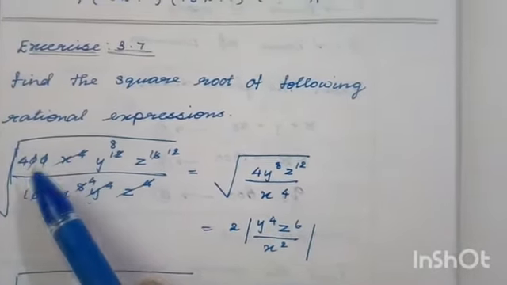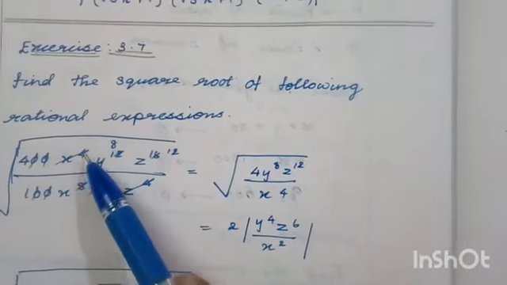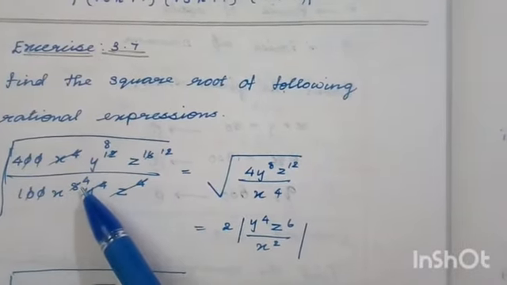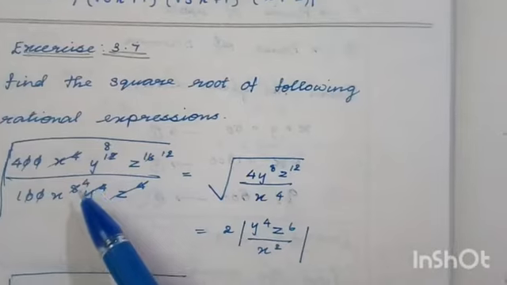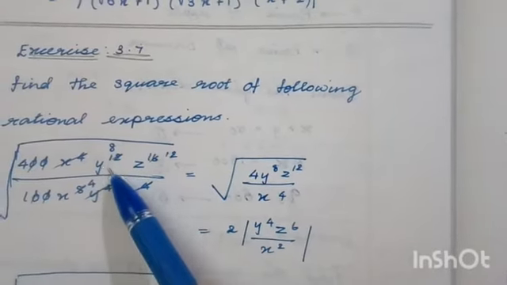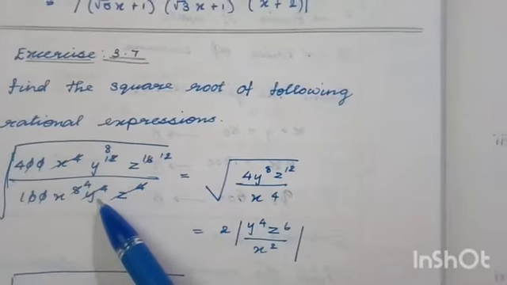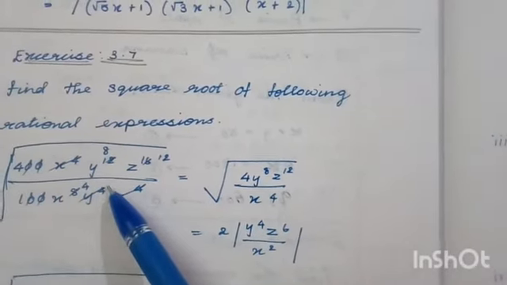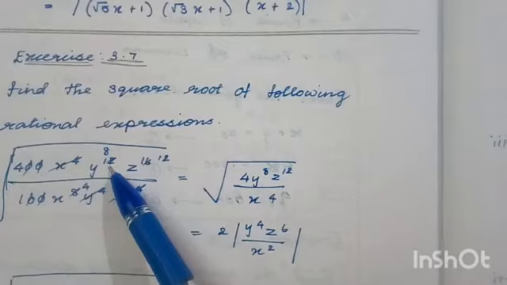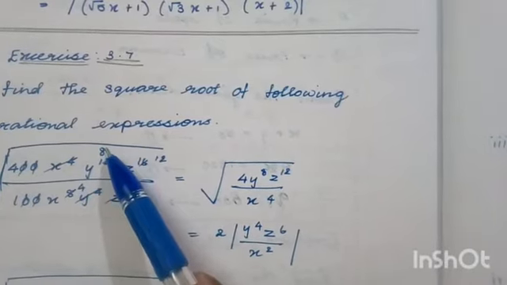So 2 zeros cancel. For x power 4 here and x power 8 there, 4 is cancelled, so 4 remains. Here y power 12 and there y power 4, so you remove 4, so 12 minus 4 is 8.